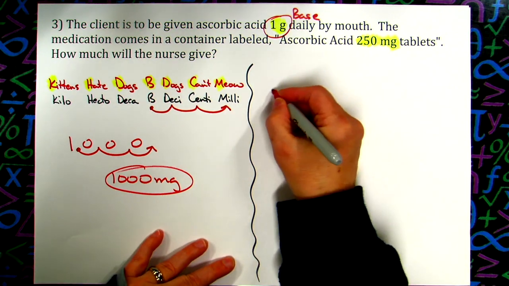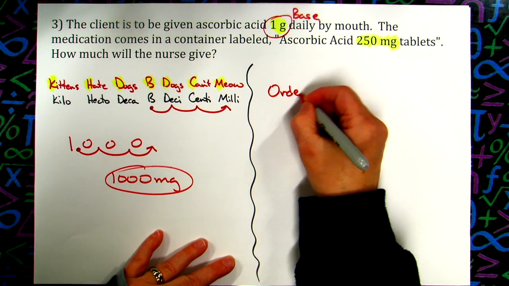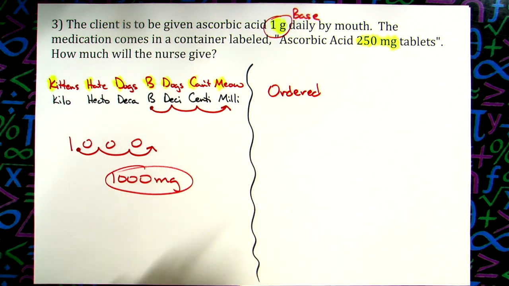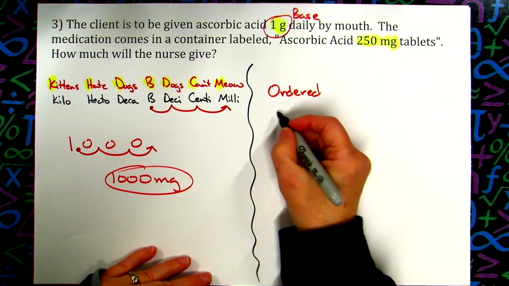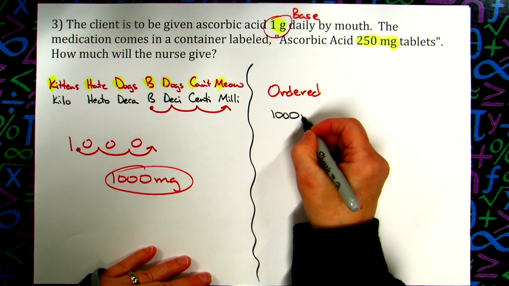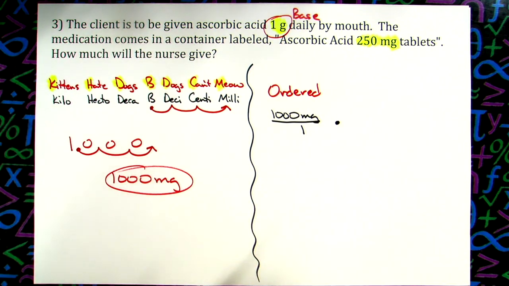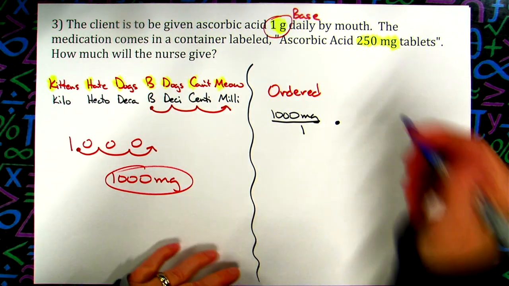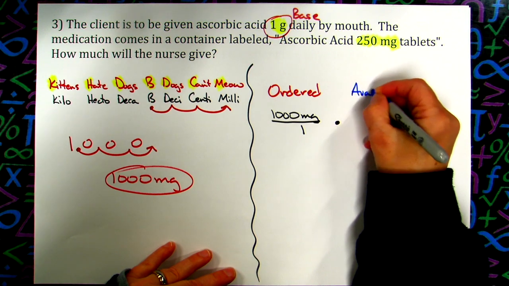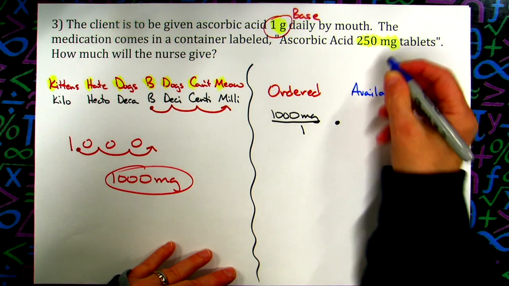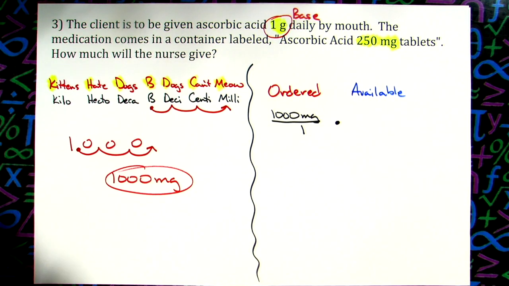Okay, so what is ordered is 1,000 milligrams. I'm going to put it over 1. Then I'm going to choose to multiply that by what is available, which is my 250 milligram tablets.